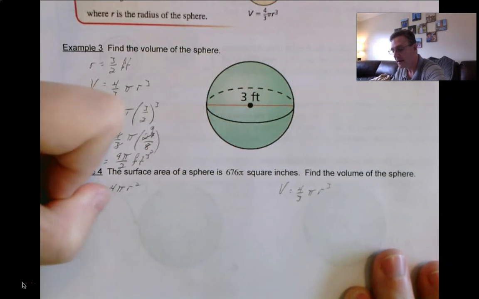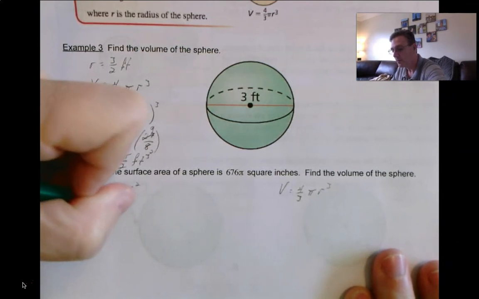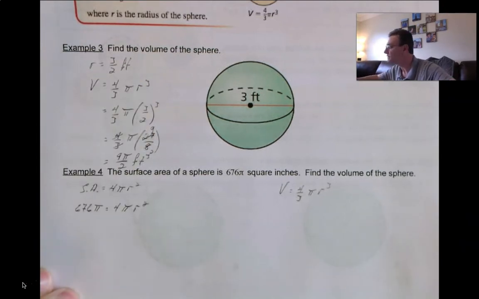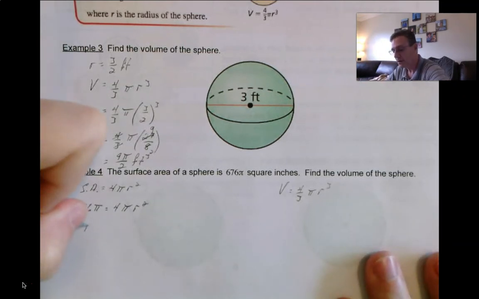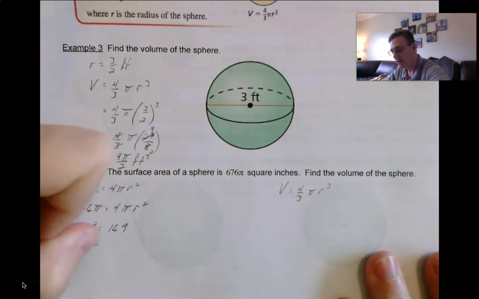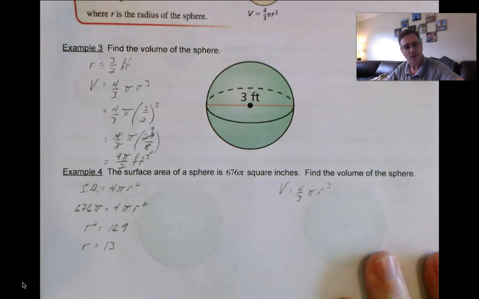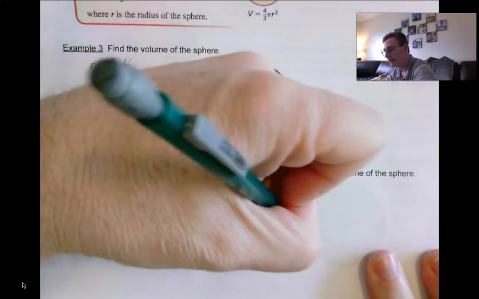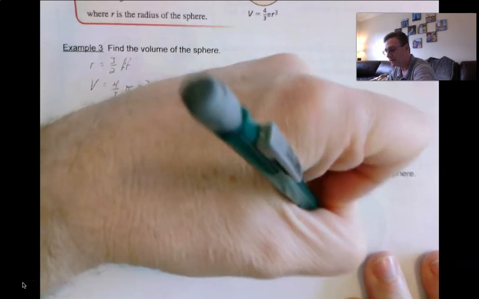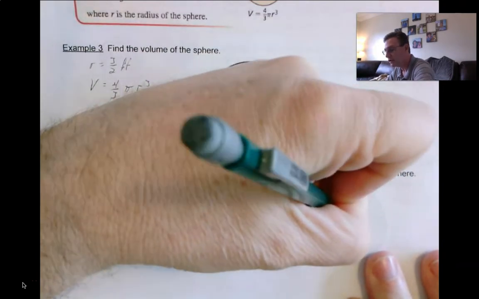676 pi equals 4 pi r squared. Divide both sides by 4 pi. So 676 divided by 4 is 169. So r squared is 169. R is equal to 13. Plug that back in over here. 4/3 pi times 13 cubed.